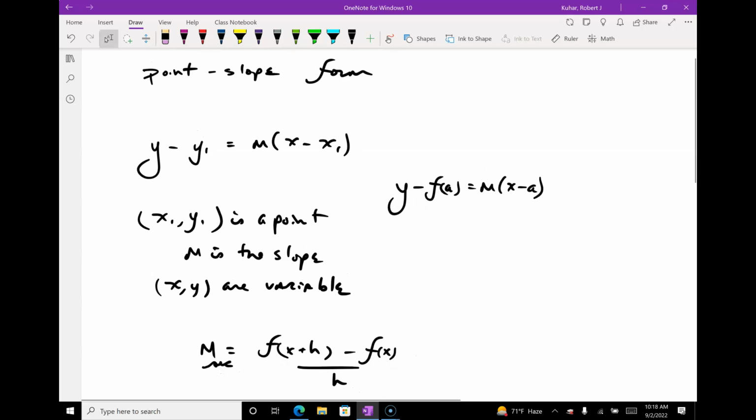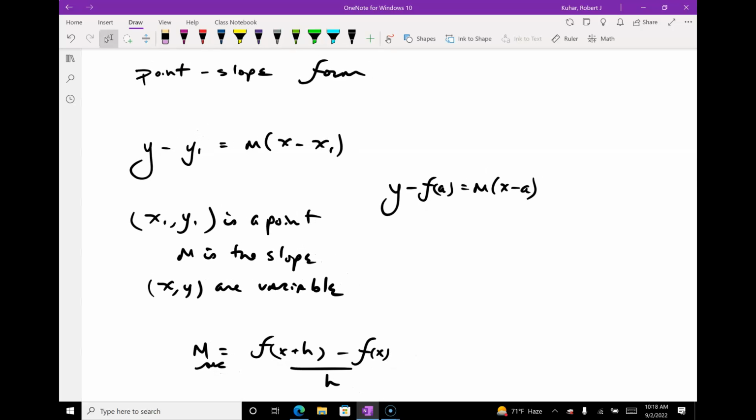So here I'm talking about my point slope form, right? Point slope form should go on your formula sheet. You know how to do the equation of the secant line right now. You're eventually going to learn the equation of a tangent line. Secant line is pretty easy. What do I need for the secant line? One point and a slope, right?